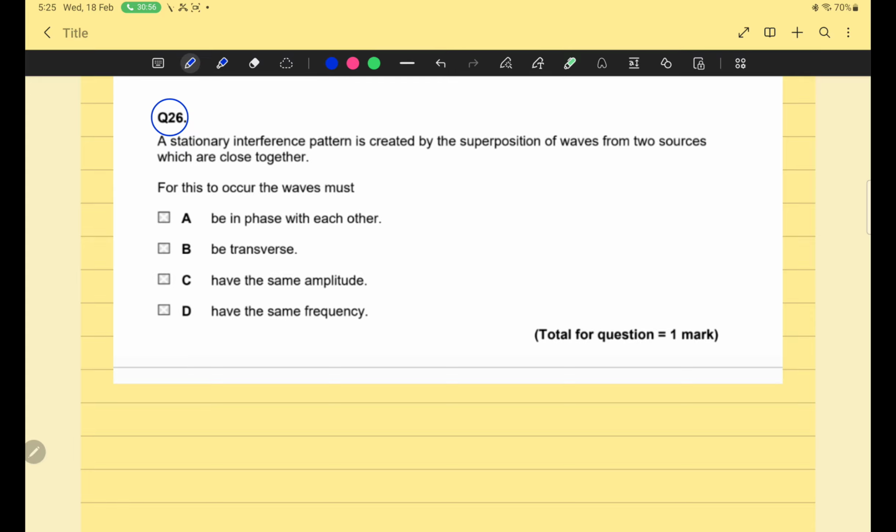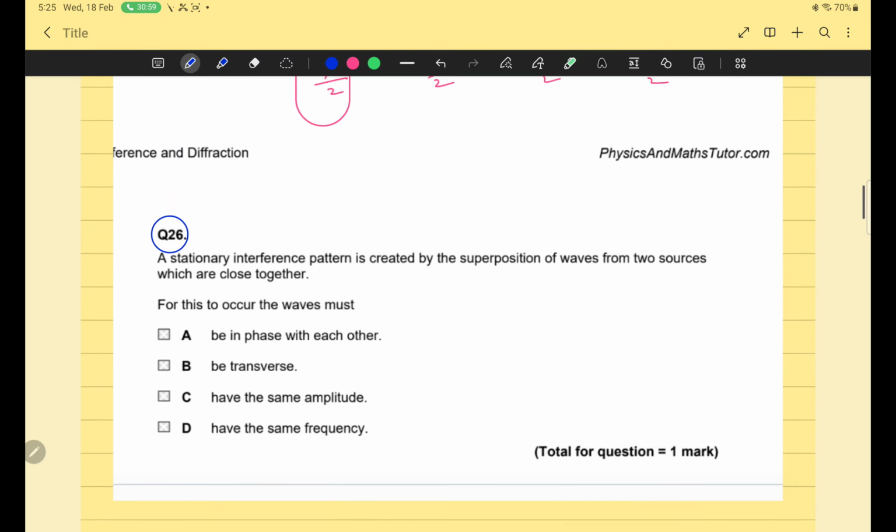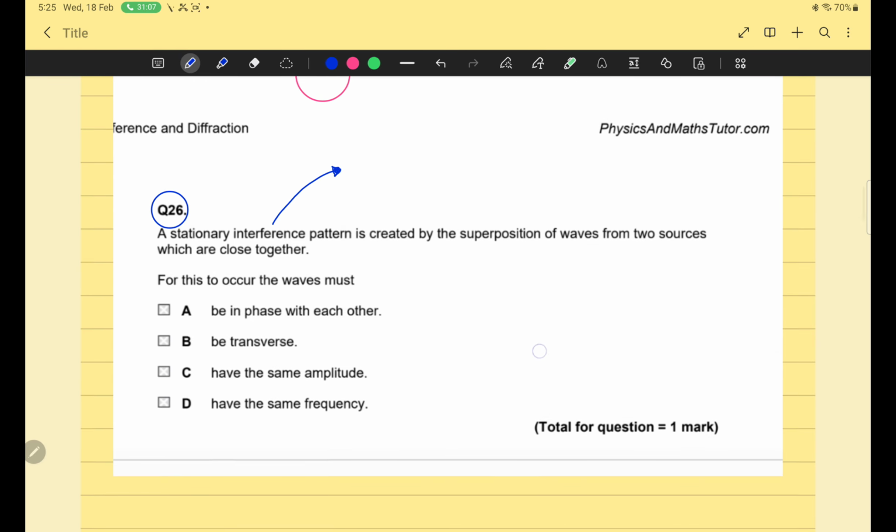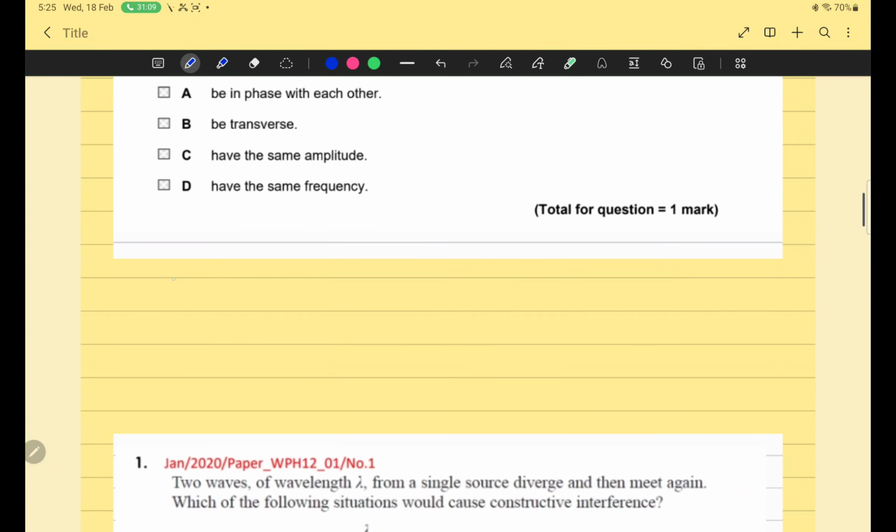So remember, the basic condition of interference concerns the waves which are superposing upon each other. I should write the conditions, then explain the answer. Note down the conditions of interference.